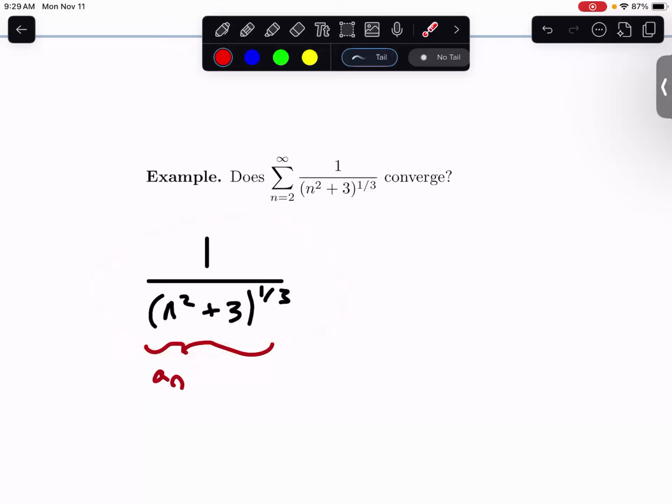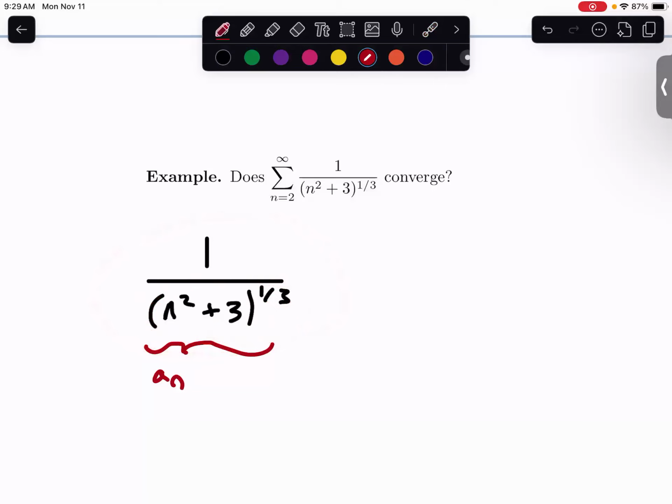Let's just think in terms of what's going on with the denominator. We have an n squared plus 3 to the 1/3 power. The plus 3 doesn't really contribute all that much. And so you should be thinking there's kind of this n squared to the 1/3 power.